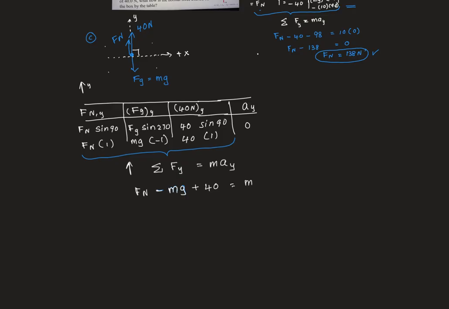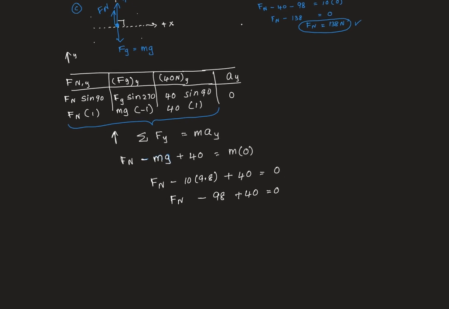And then mass times acceleration is 0. So this time you get Fn minus m times 10 and 9.8. Nothing changed from before, equals 0. So you have Fn minus 98 plus 40 equals 0, and this is our last case, case C, and we ended up with Fn equals 58 Newtons.